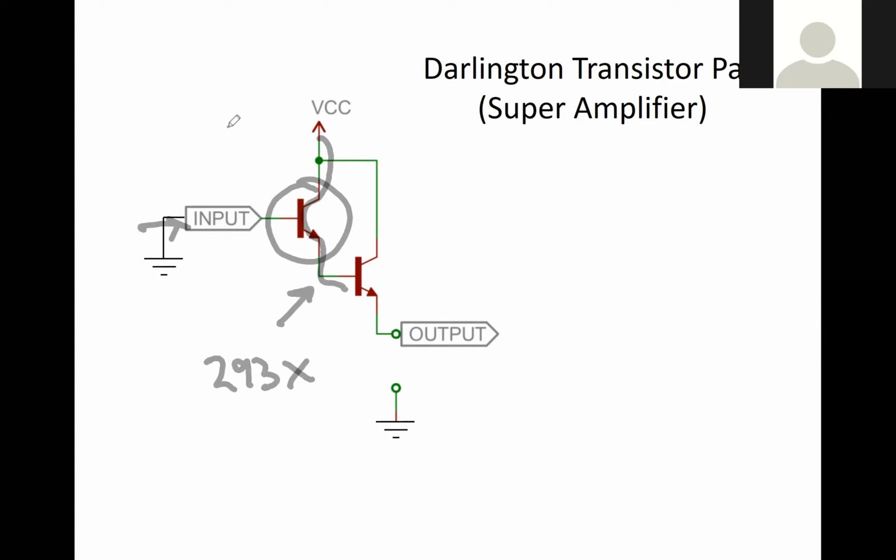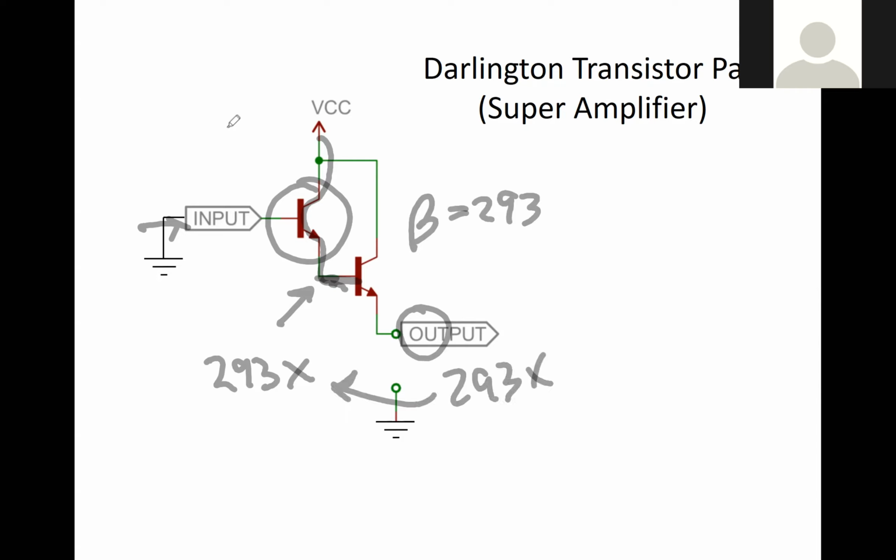But if that's not enough, an easy way to solve that is to take the output from the first transistor and use that as the input to a second transistor. Now, if this second transistor has the same beta as before, a beta value of 293, then the output signal here will be 293 times what that was.